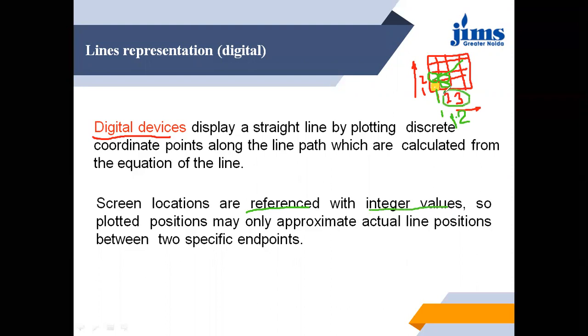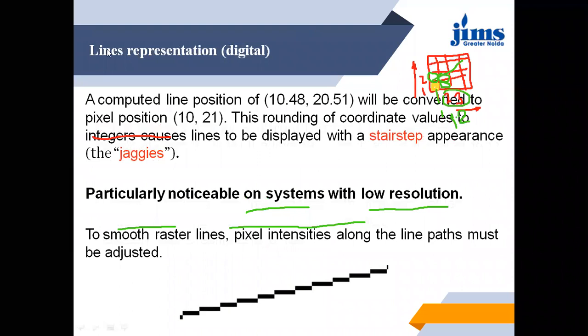Means the coordinate systems are designed using integer values. So when we plot a line, the plotted positions may only approximate the actual line position between the two specific points.